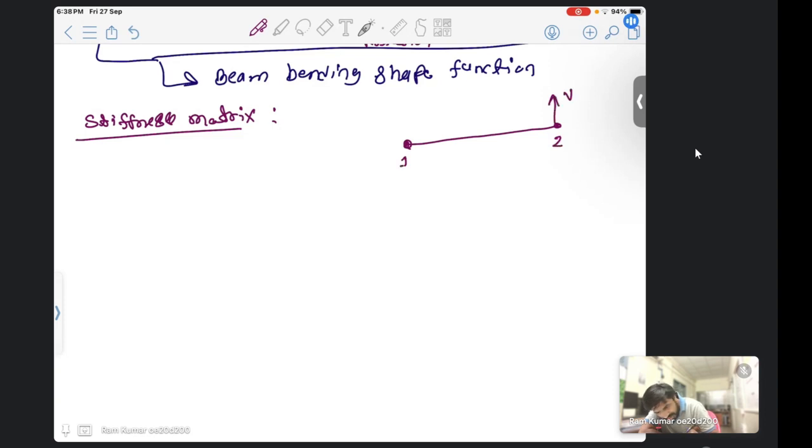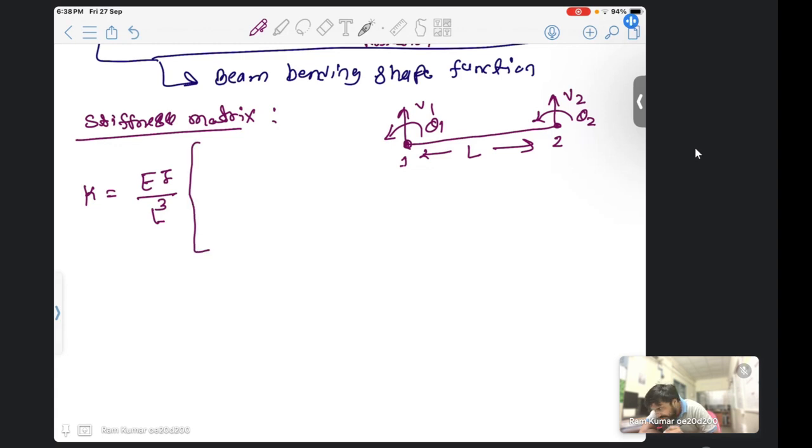It has 2 degrees of freedom per node, V1, theta 1, V2, theta 2. It has length L. So K equal to EI by L cube times 12, 6L, minus 12, 6L, then 4L square, minus 6L, 2L square, 12, minus 6L, then 4L square.